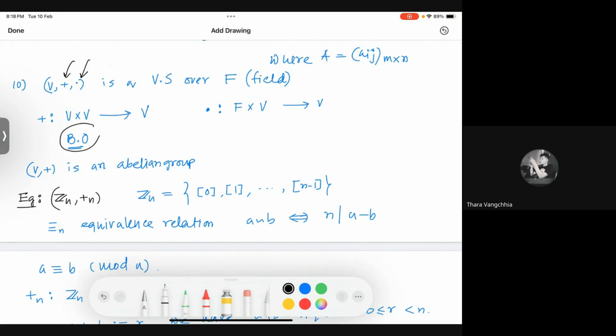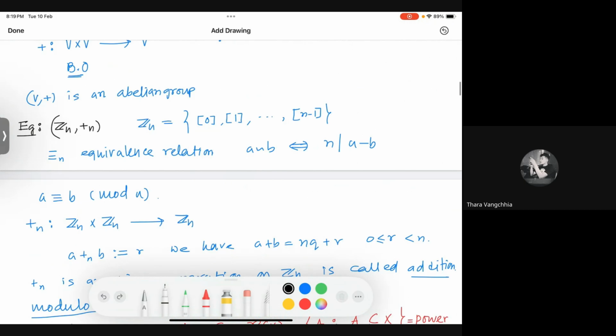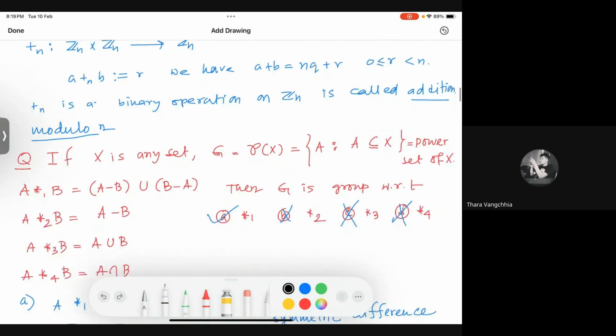One is the binary operation and the other is scalar multiplication. With respect to this plus, (V, +) is an abelian group. So if this is a vector space, this (V, +) must be an abelian group. Okay. So every vector space is an abelian group with respect to the binary operation plus. Okay.